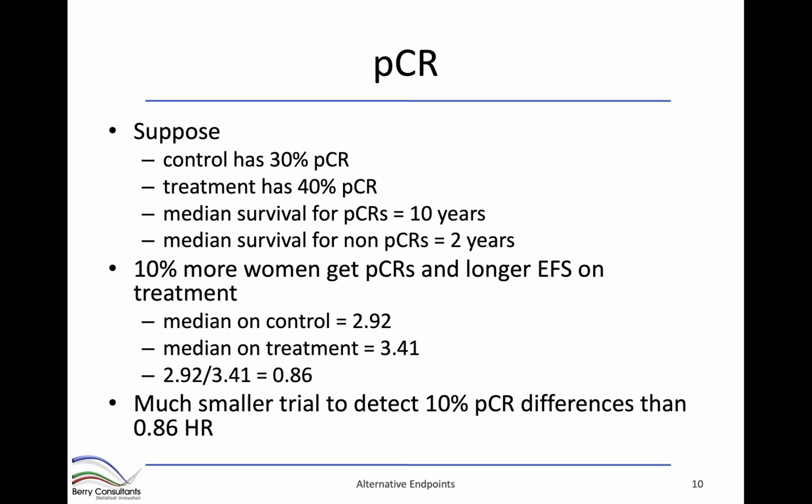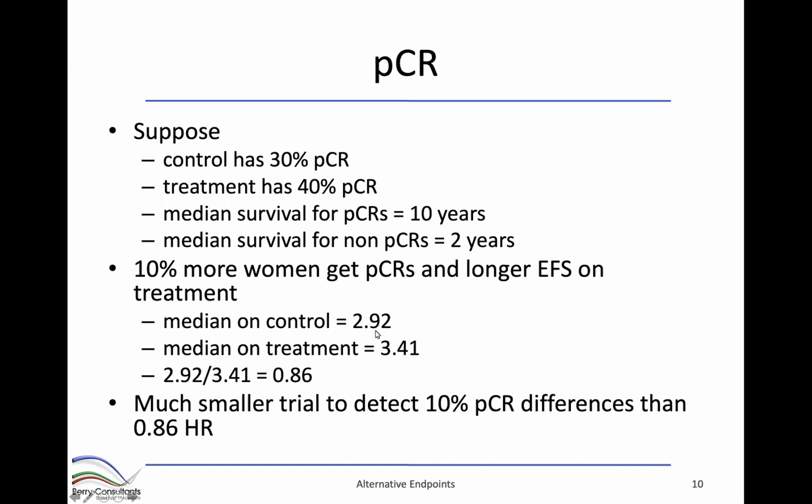If you can show that 10% more women get PCRs, and they're therefore going to get longer EFS on treatment, you can average these two numbers. So we know, for example, on control, 30% are going to be in this 10 years, and the other 70% are going to be in the 2, whereas on treatment, that's going to be 40% on 10 and 60% on 2.